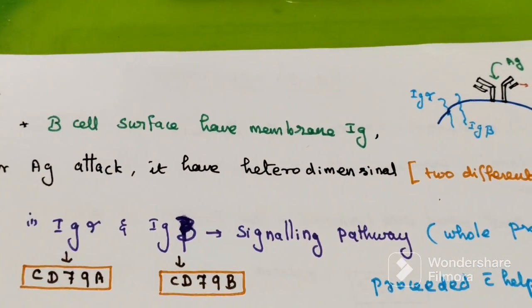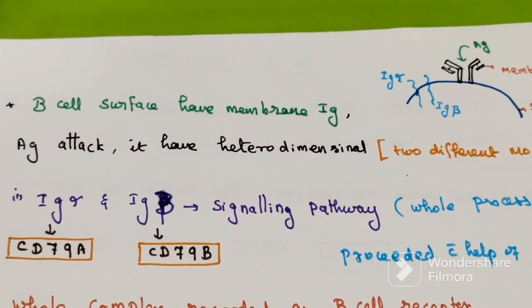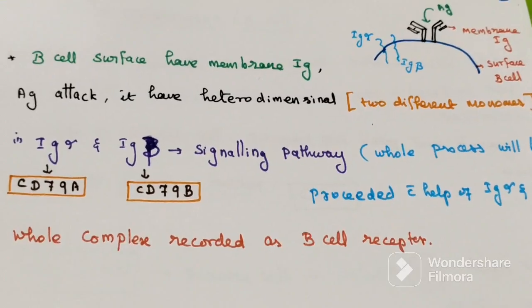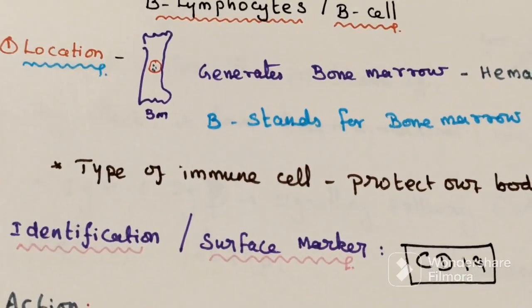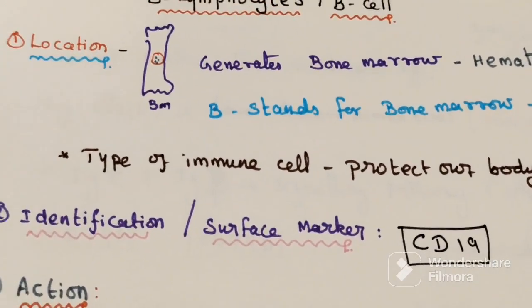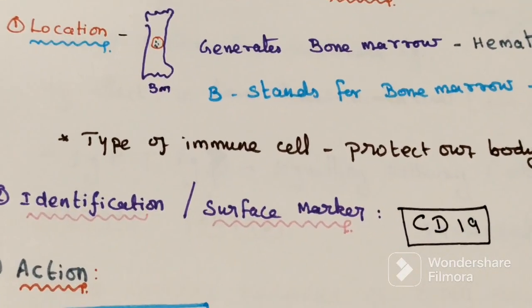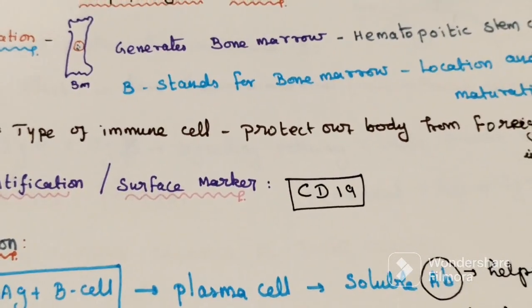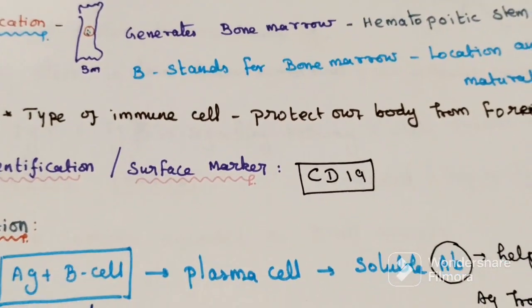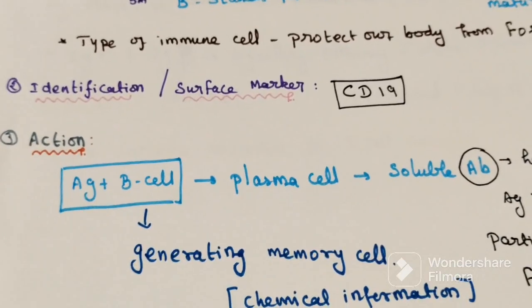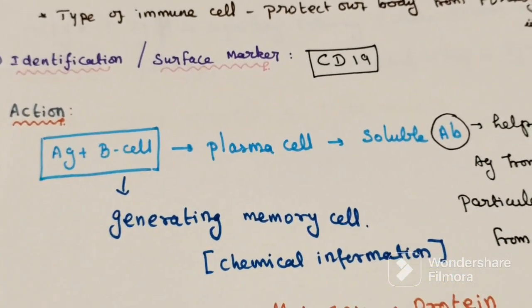So these are the important points of B cells. Synthesis and maturation happen in the bone marrow. They are a type of immune cell, produced from hematopoietic stem cells. They have the surface protein CD19.